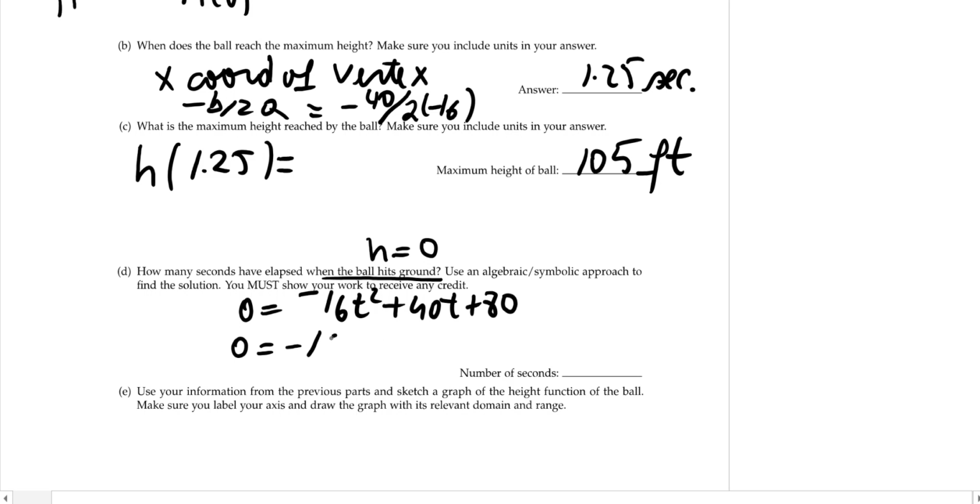So I'm gonna factor out negative 16. I can't factor this. Okay. Maybe an 8, sorry. Let's just use the quadratic formula. Negative b plus or minus square root of b squared minus 4ac over 2a.